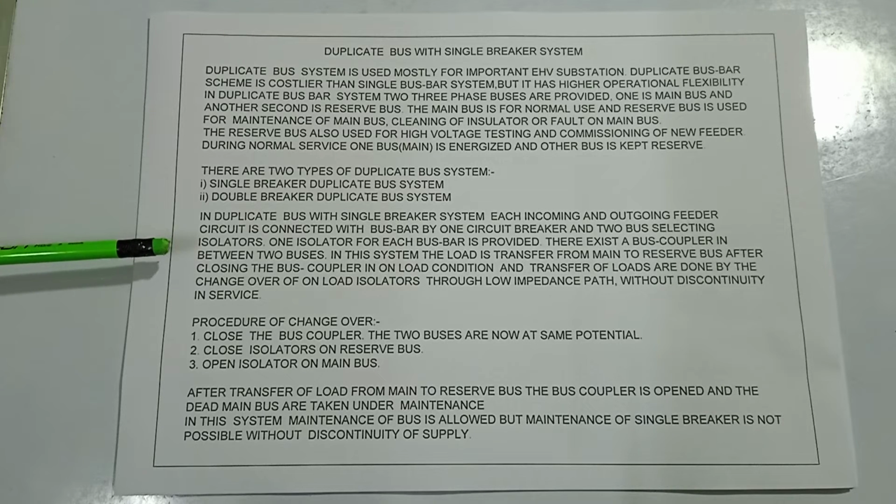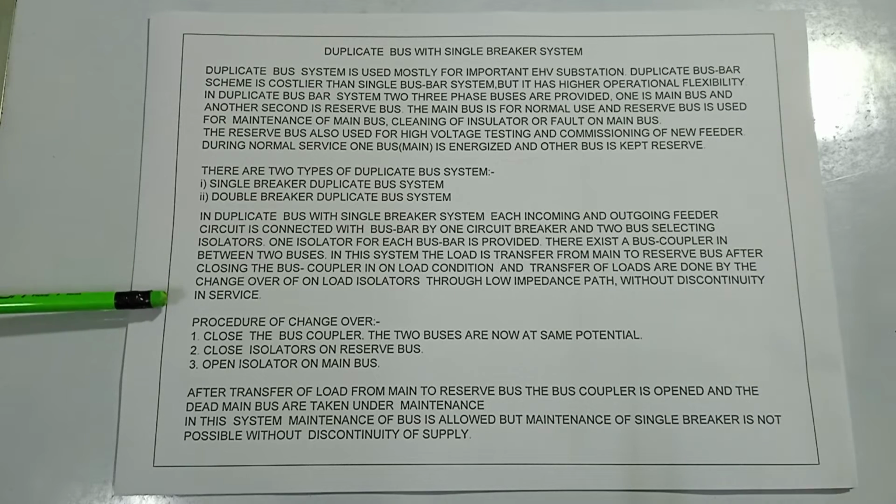There exists a bus coupler in between the two buses. In this system, the load is transferred from main to reserve bus after closing the bus coupler in on-load condition, and transfer of loads is done by the changeover of on-load isolators through a low impedance path without discontinuity in service.